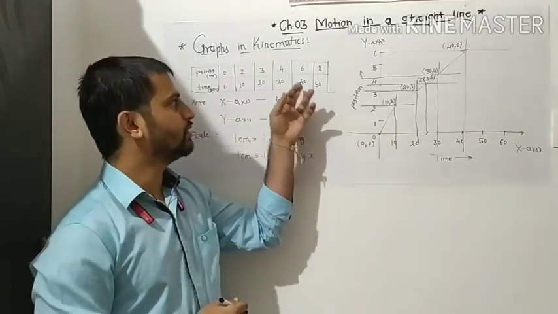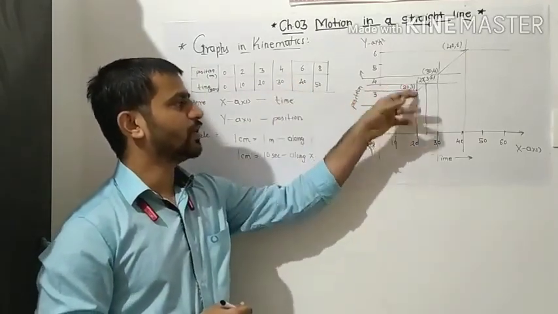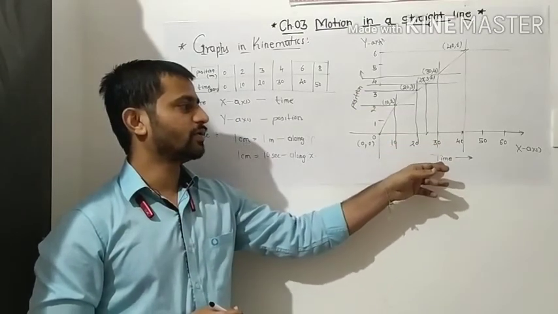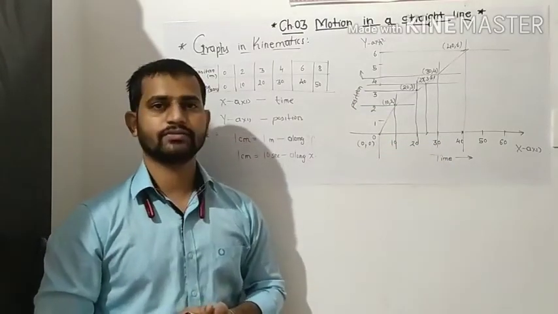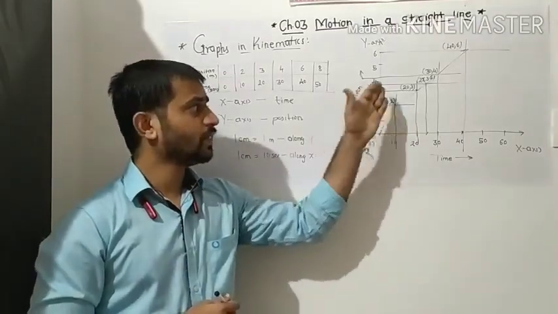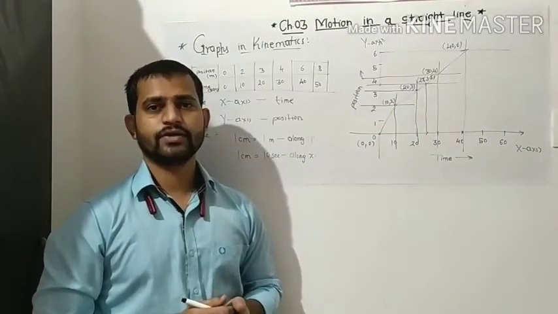Here it is 25. For 3.5, the value on the x-axis is 25, that is, the time period will be 25 seconds. So at the time period of 25 seconds the position will be 3.5.